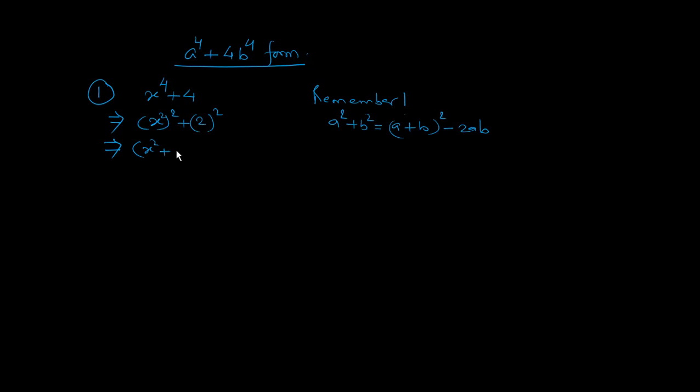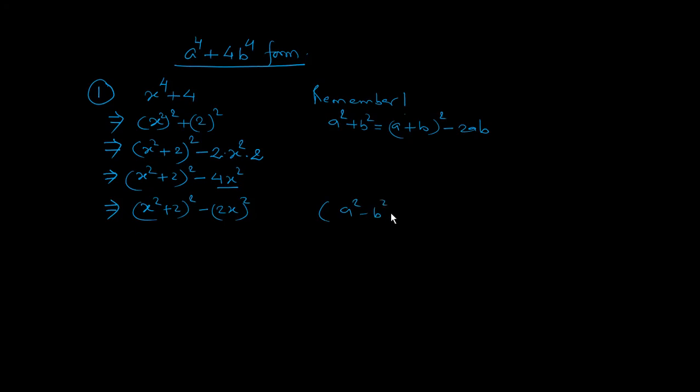A is x square, plus b is 2, their whole square, minus 2 times x square and 2. Third step: x square plus 2 whole square minus 2 to the 4 x square. Remember, the second term should be a square number, otherwise we cannot go further. So again, x square plus 2 whole square minus 2x whole square.